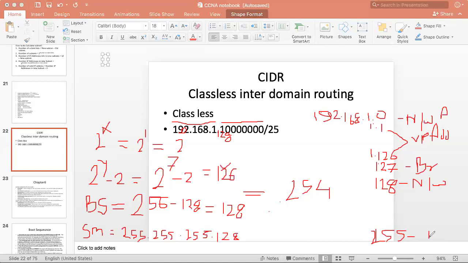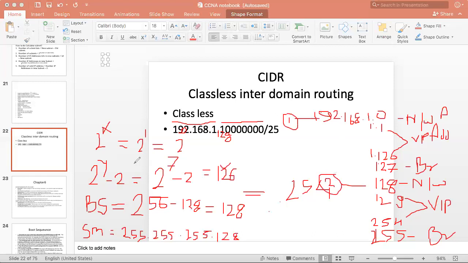That last address becomes the broadcast address. So the valid IP addresses will be 129 to 254. This was my first network, and the second network is this.